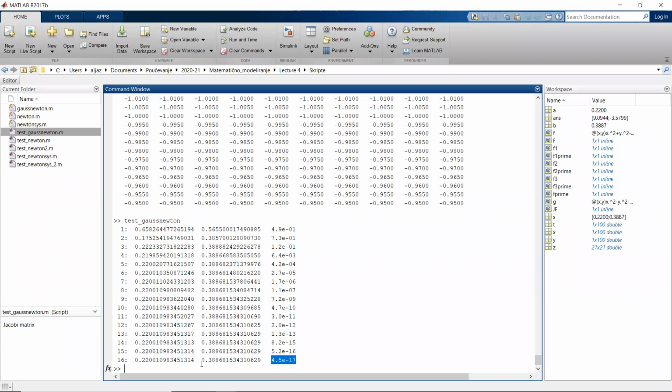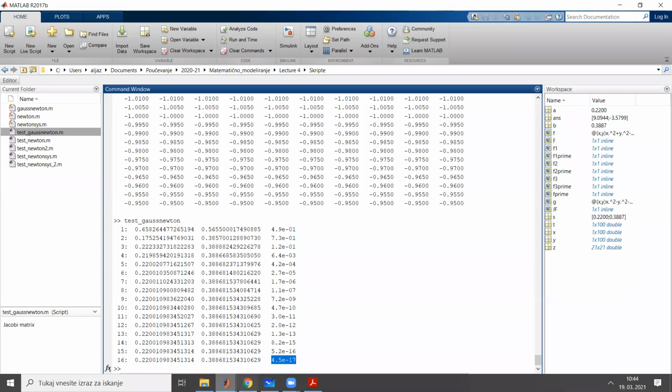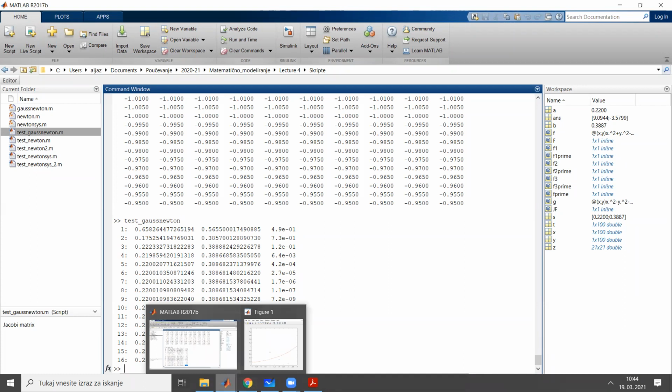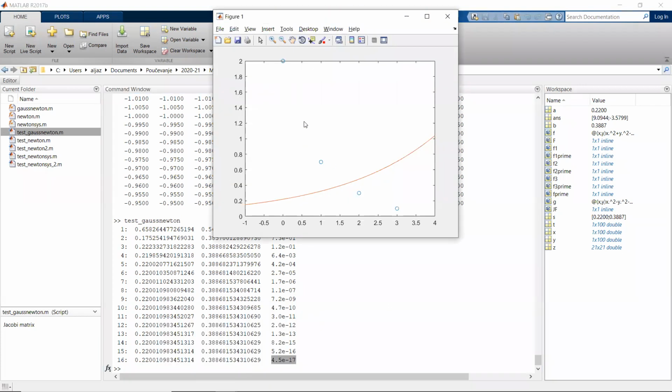So this is really a local extremum of our function G. But what does our actual picture look like? Those blue points are our data, and this is the exponential function we obtained.